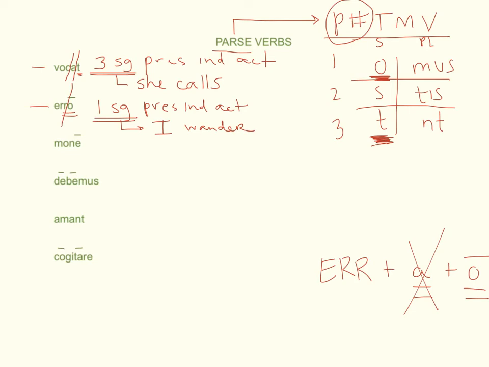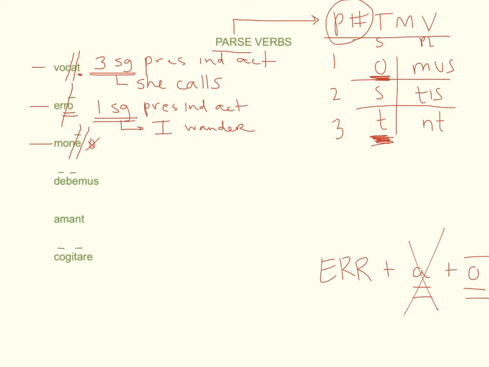All right, let's do the next one. So Monet. And we know this comes from the word moneo, monera. So here's the base, mon. We know that that E right there is a thematic vowel because it comes from monera. And then there isn't a personal ending.